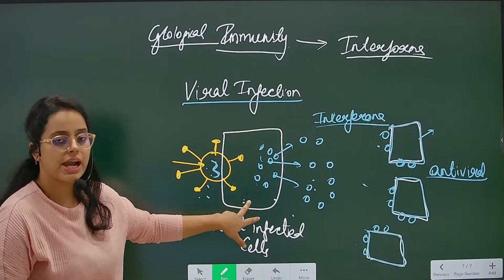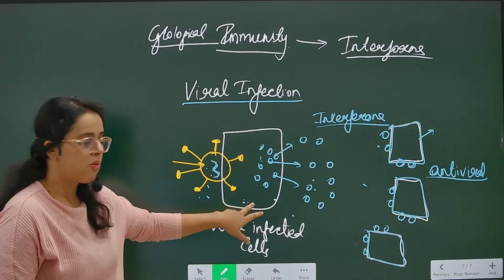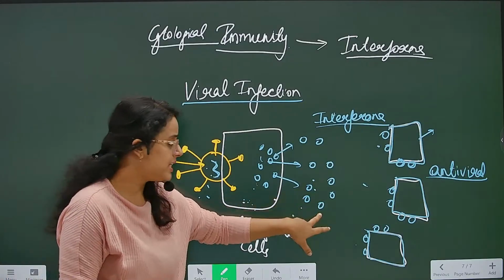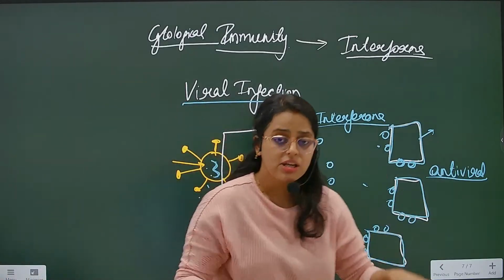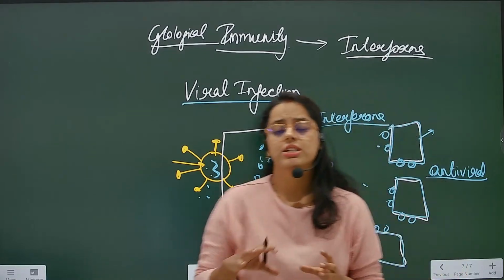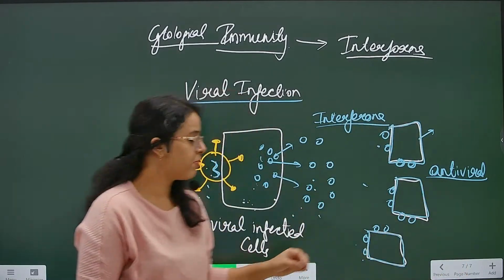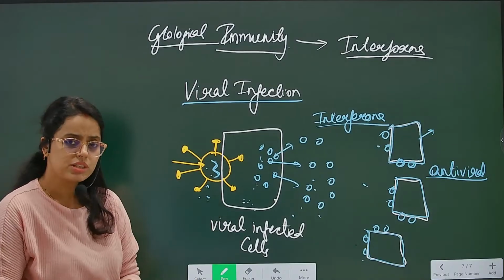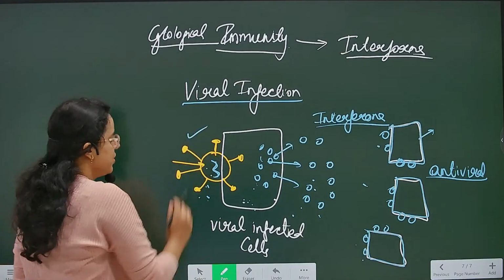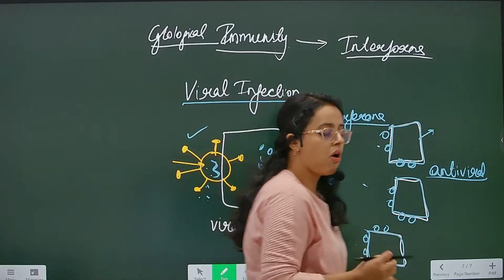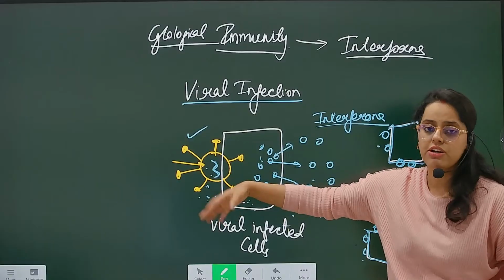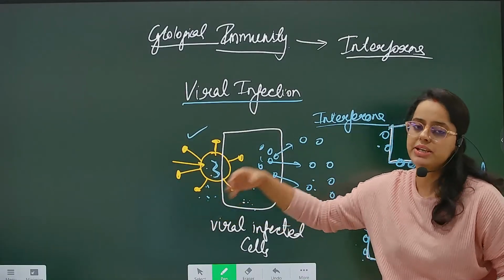To prevent that kind of multiplication, our body cells which are infected by the virus secrete interferons, and these interferons bind with the neighboring host cells, and the host cell structure changes and they produce certain substances that can kill the virus. So this is a very important discovery, and the interferons for each virus species will be different.